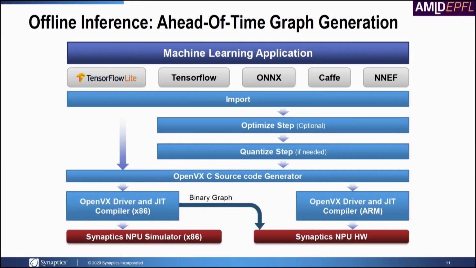Basically, we generate a binary graph ahead of time, thanks to the Synaptics framework. We have the toolkit that will take the model in a standard format, like TensorFlow or ONNX, and do everything needed to have something that will run optimally on the device without even any initialization, because all the compilation and all the generation of the graph is done offline on the host.